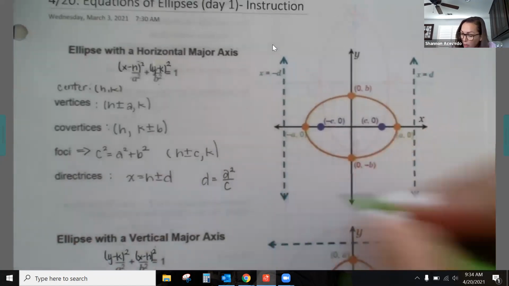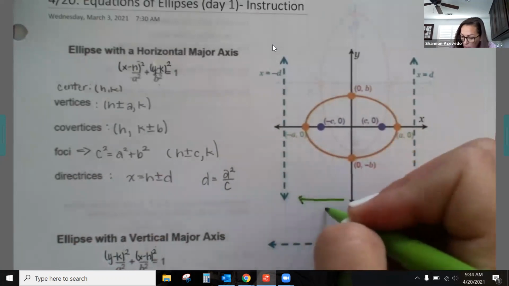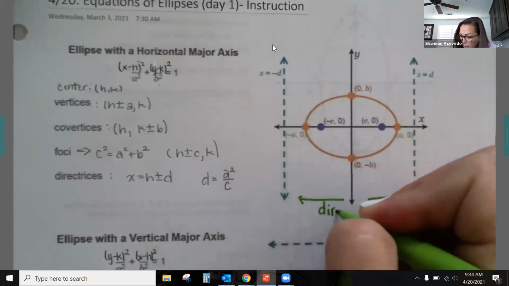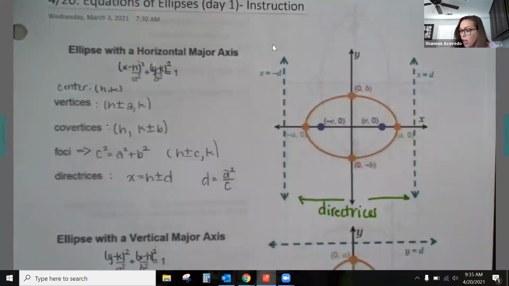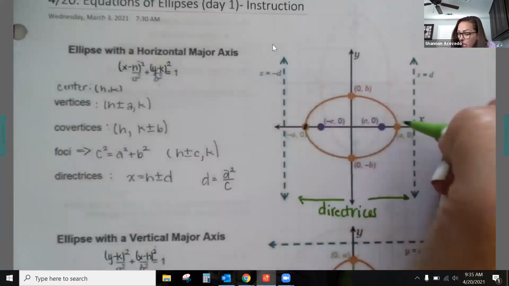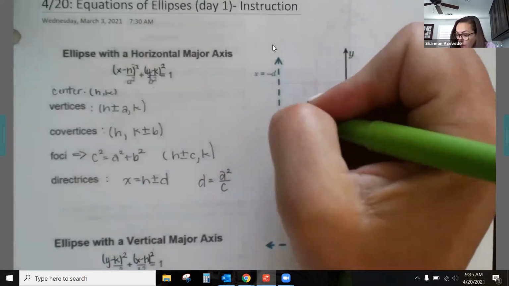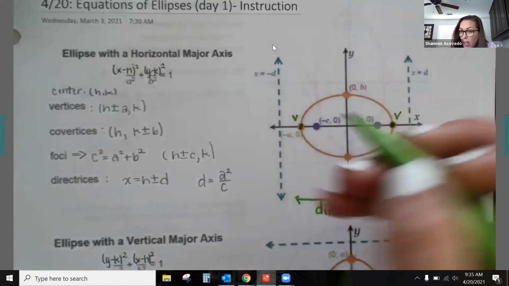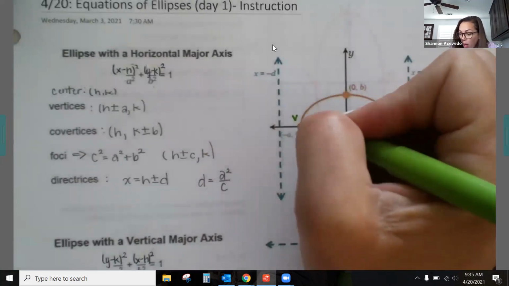So these right here would be our directrices. These points right here that are further away, the points that are further away, are what we would call our vertices. And always along that axis where the vertices are going to be are our foci.